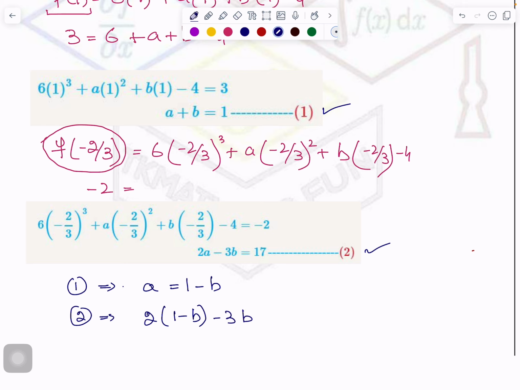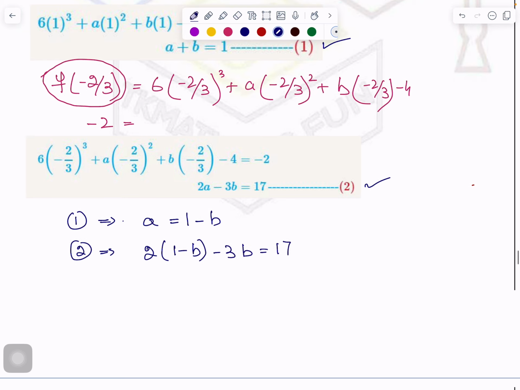Right. So now it will be 2a minus 2b minus 3b. So it will be minus 5b equals 15. Oh, sorry, it's not 15, it's 17. My mistake. I did one step directly here.